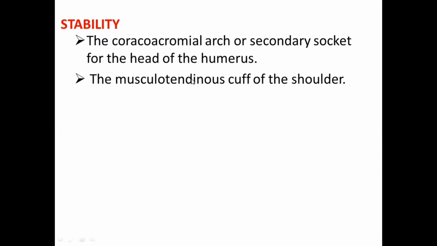These are called the rotator cuff muscles. Then the glenoid labrum. These three factors increase the shoulder joint stability, right? Because the shoulder joint is unstable. That's why these three factors increase the shoulder joint stability.